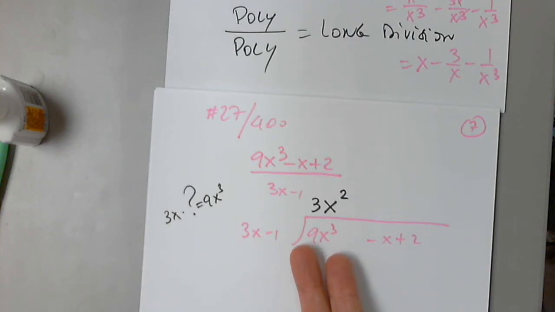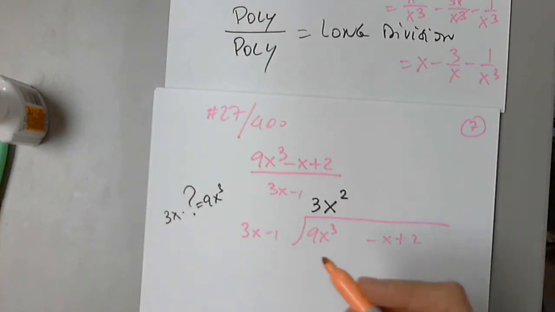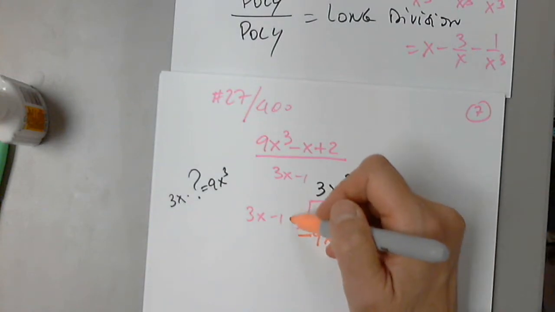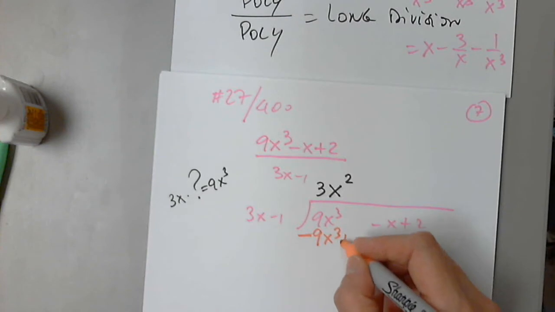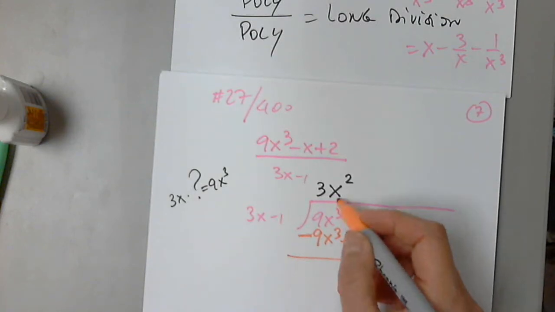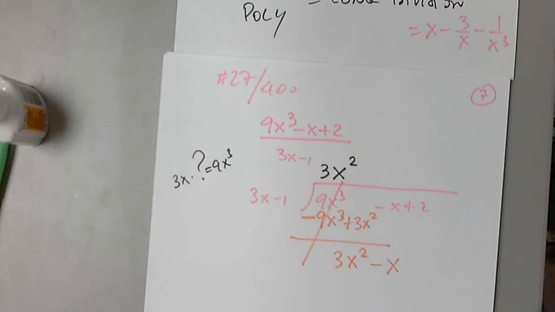Why do I change the sign? Because I have to subtract. 3x squared times 3x is 9x cubed, but I need to subtract. 3x squared times negative 1 is negative 3x squared. I change to the opposite sign, and of course I cannot write it under this term, I cannot write it under that term either. So then I have 3x squared, and I bring down the next in line.